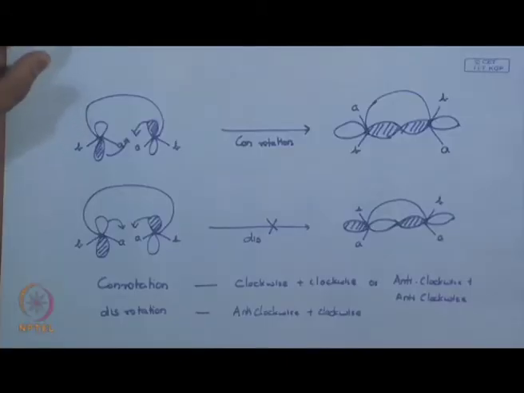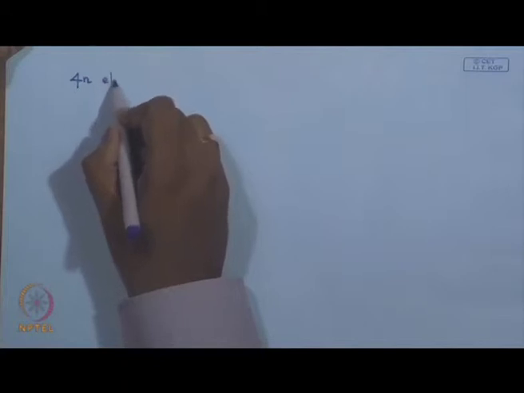Now, based on this, we will see how we can slowly understand the 4n plus 2 rule and everything. We will take this system and the same analogy we will try to apply to your 4n system. Then we will apply the same analogy to your 4n plus 2 system. So, first we will slowly get into your 4n electron system.